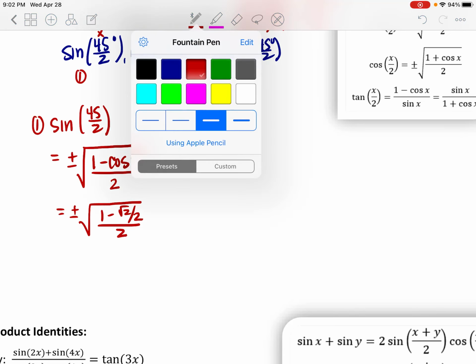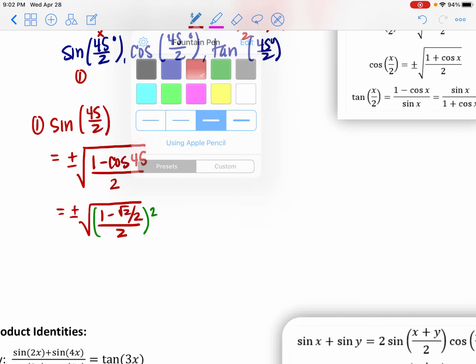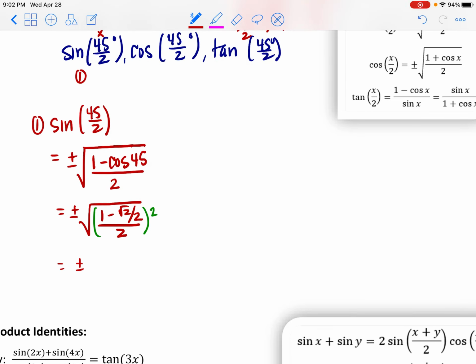So I would probably simplify here by multiplying every single one of those terms by a common denominator of 2. So we're going to have plus or minus the square root of 2 times 1 is going to be 2. And when I multiply the 2, again, 2 times 1 makes 2. When I multiply it here, the 2's will cancel, leaving me a minus radical 2. And then when I multiply the bottom, I'm going to end up with a 4.